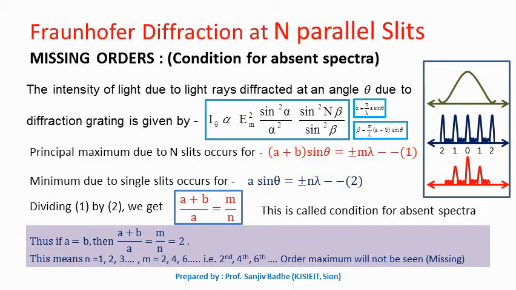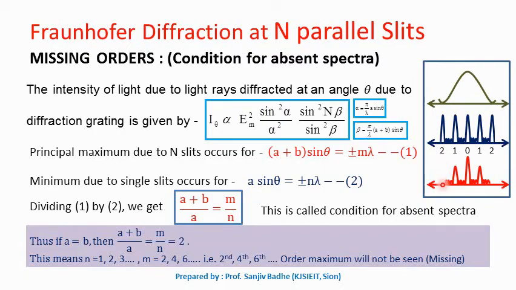Now it may happen for a particular value of a and b that the maximum due to the combined effect of N number of slits will coincide with the minimum due to the single slit, and in this case this product, maximum multiplied by 0, will result in 0 intensity.